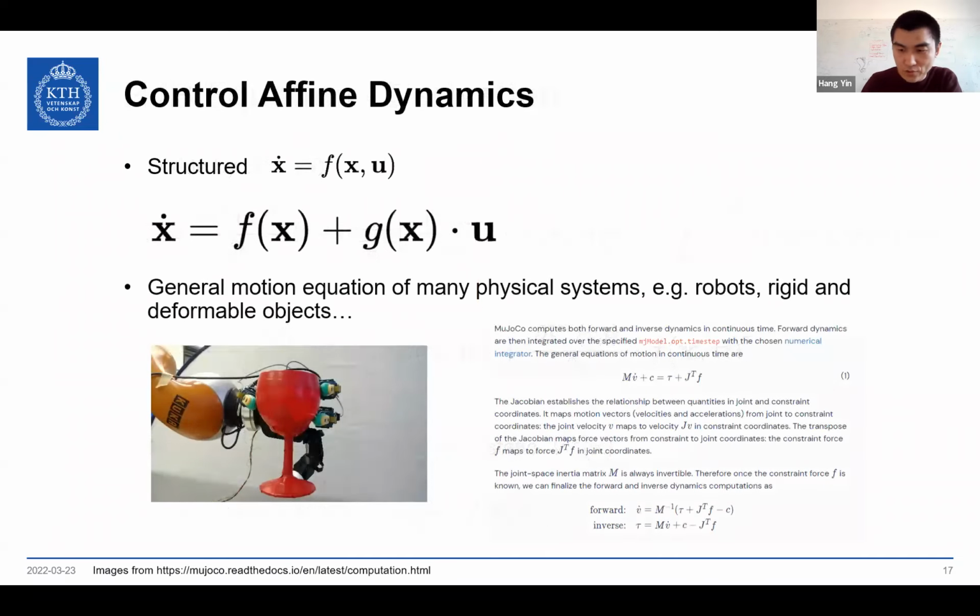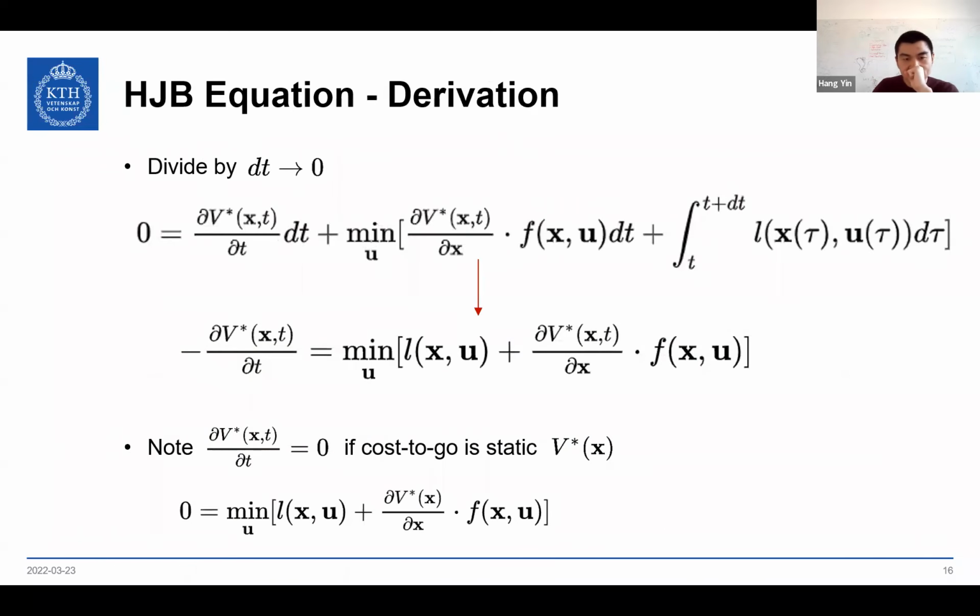One quick question here. Sure. Can this equation model stochastic behavior? Yes, precisely. You also have stochastic optimal control as well, so in that sense that's okay.